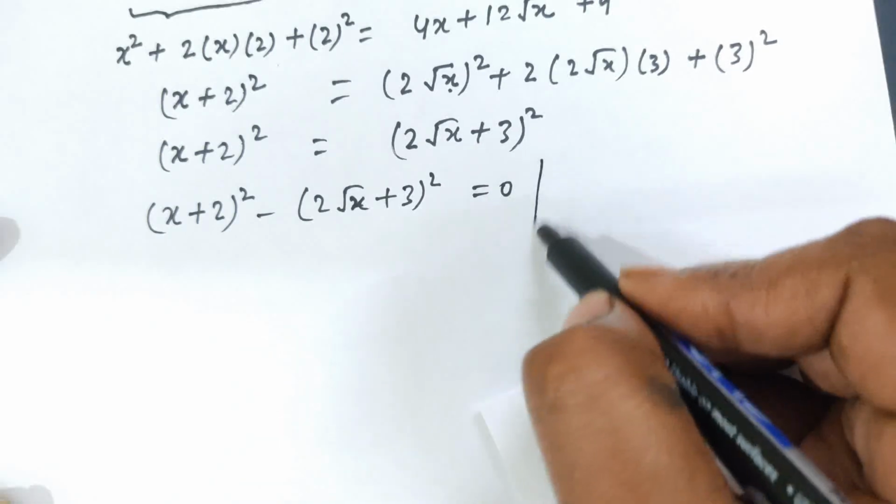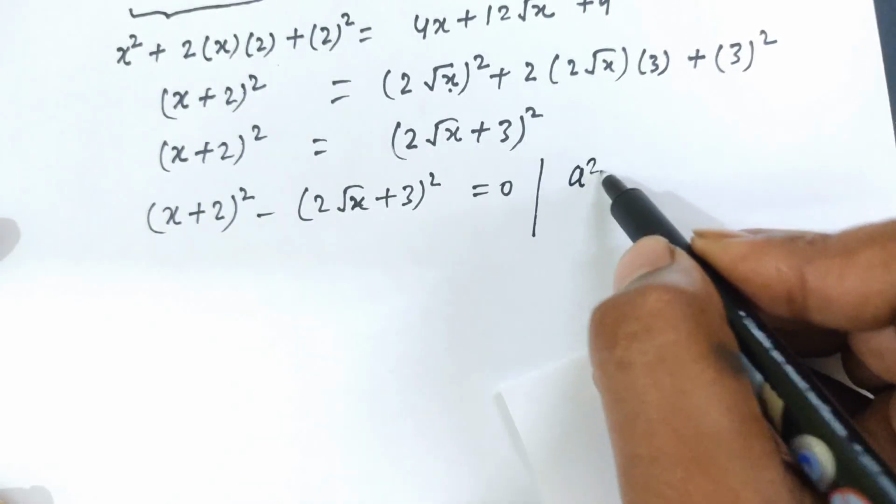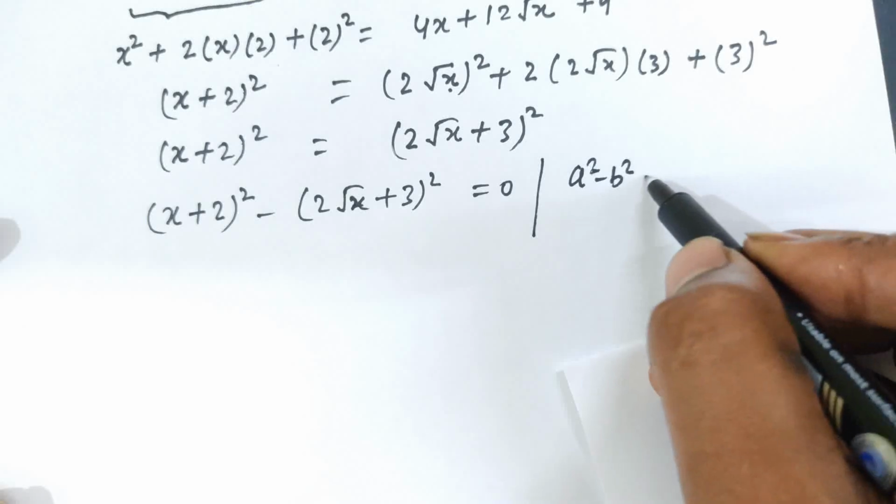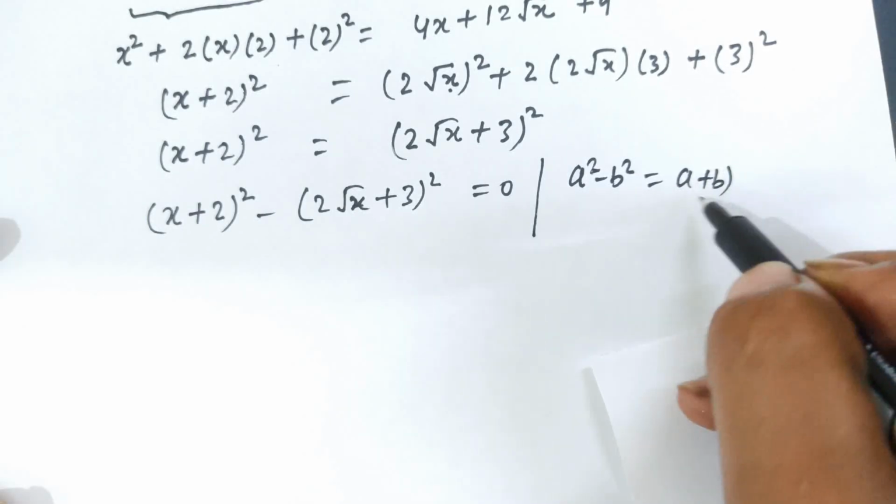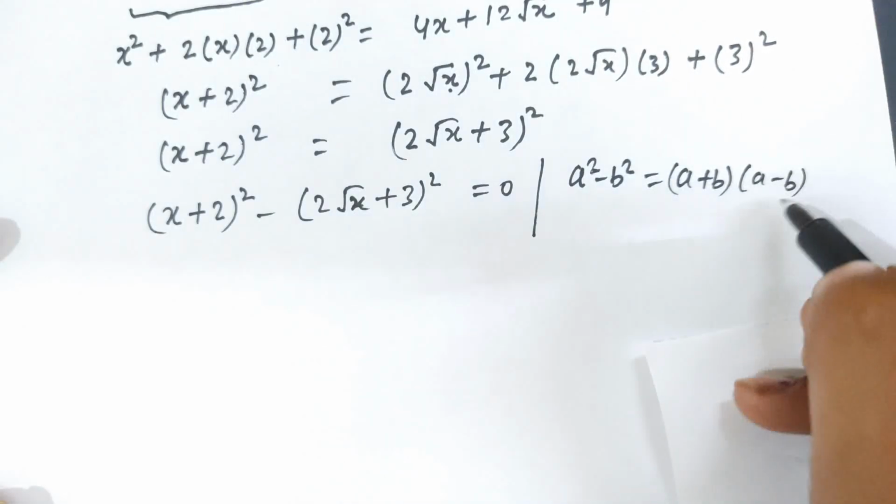Now students, we know that the algebraic identity a square minus b square is equals to a plus b times a minus b.